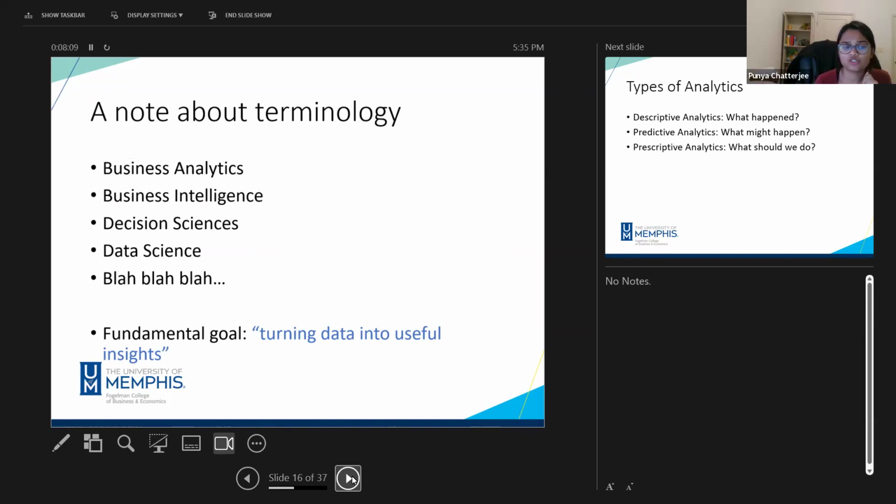So just so you know, all this terminology, business analytics, business intelligence, decision sciences, data science, all have the same fundamental goal, which is turning data into useful insights. The essence is the same. And once you learn business analytics, you're basically also learning decision sciences or data science and things like that. So you can apply to all these positions. That's basically why I put this note.